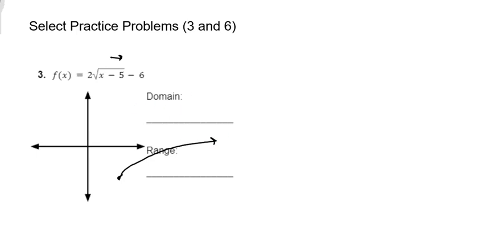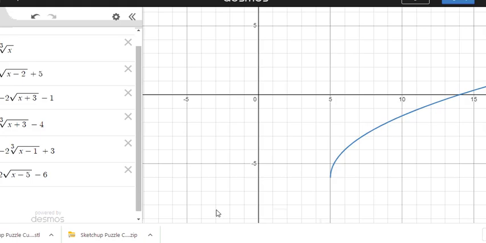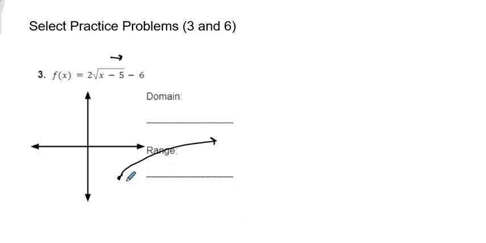All right, and then for the domain, the domain is just your point where it's starting. So it's going to be all x values to the right of this, and all y values above this point here. Let's label that point on our graph. That point is (5, -6), meaning the domain is x greater than or equal to 5.